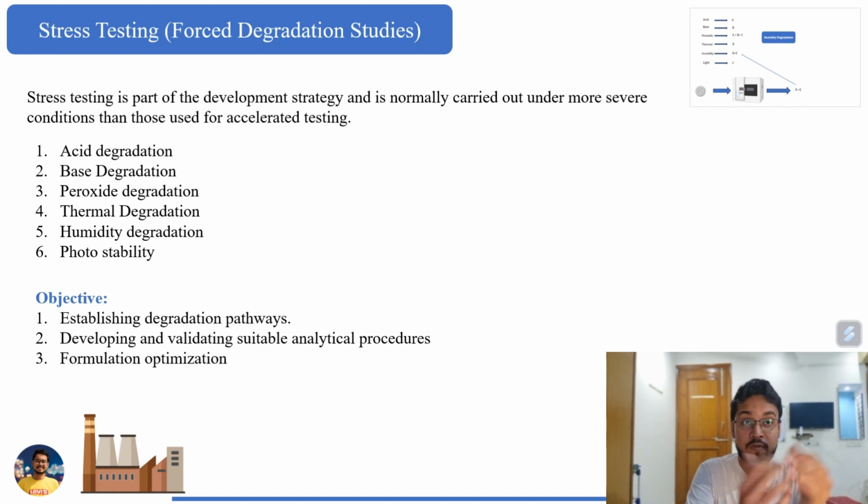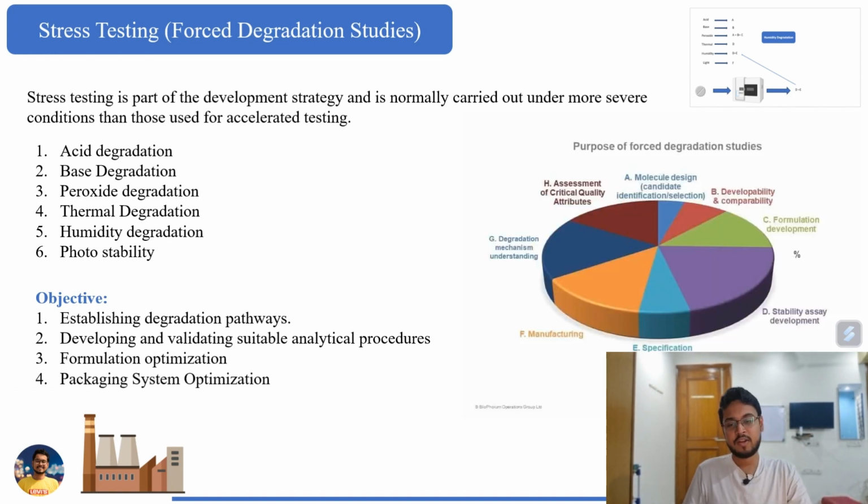Third point, obviously, the formulation development that I already explained. And finally, the packaging system optimization. Now, apart from these four, there are many other ways it can be utilized. You can see there is a pie chart and many other things given. Please note that this is just a basic introduction of forced degradation studies.